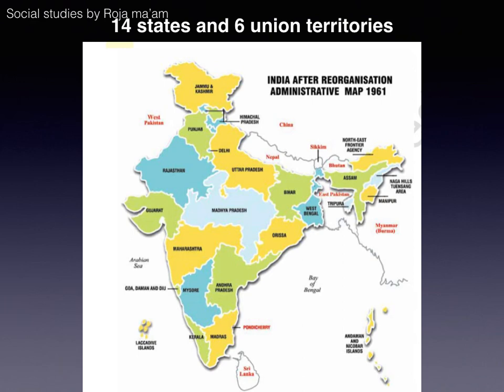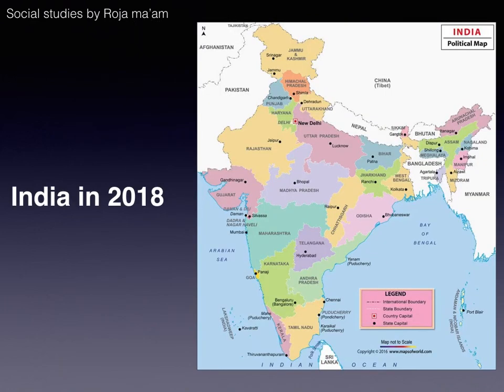The government appointed the States Reorganization Commission to redraw the boundaries of the states after the formation of Andhra Pradesh, which led to the creation of 14 states and 6 union territories. The commission in its report accepted that boundaries of the states should reflect boundaries of different languages. Many more states were formed since then, and currently we have 28 states and 9 union territories.